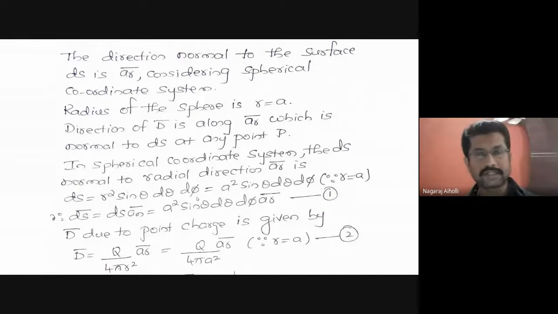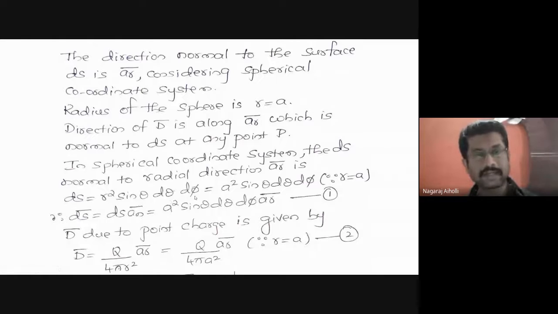If you just turn your pages back, the area ds which is perpendicular to the unit vector ar bar is given by ds is equal to r square sine theta d theta d phi. We are borrowing this equation from there.